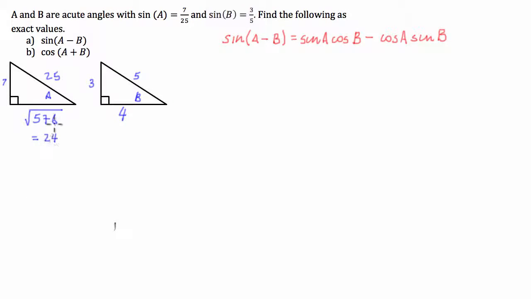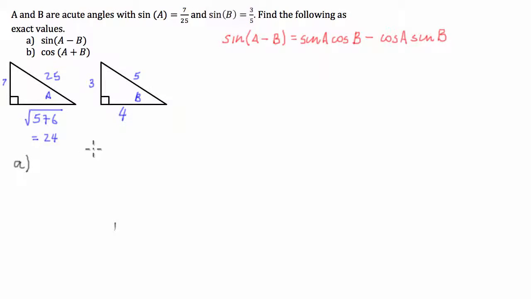So we now have two triangles with all of the sides accounted for, and we can start on part A of the question. We're looking for the sine of A minus B. For that, we're going to use the sine of A, which we're told in the question is 7/25.